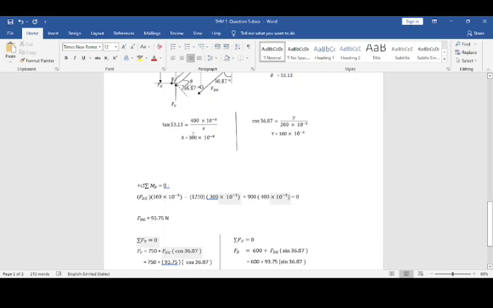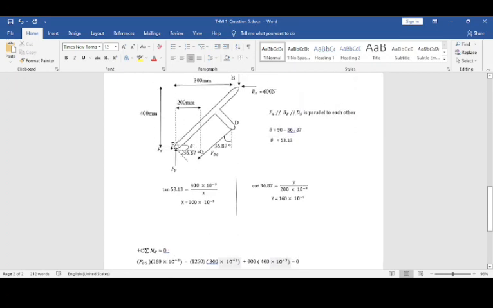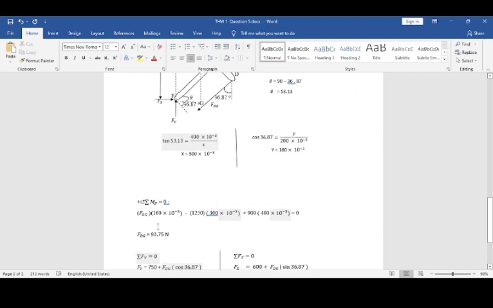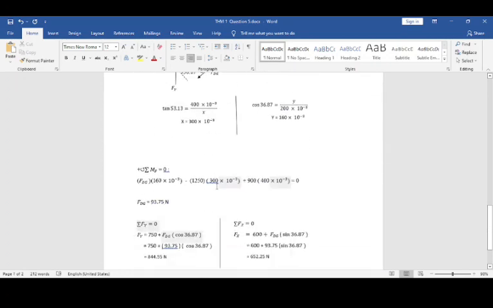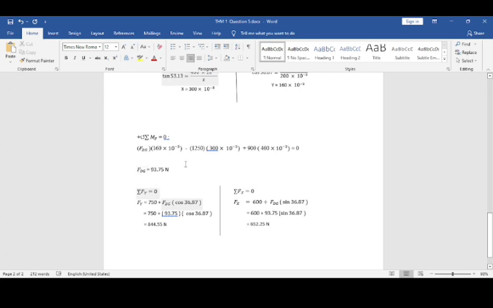So FDG times 160 times 10 power negative 3, minus 1250, the earlier By, bracket 300 times 10 power negative 3, bracket plus 900 Bx, 400 times 10 power negative 3 is equal to 0. So the FDG is 93.75 Newton.